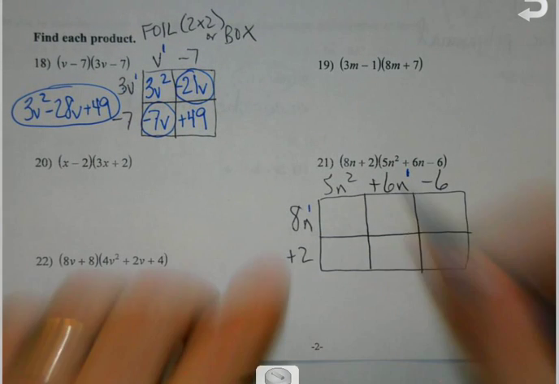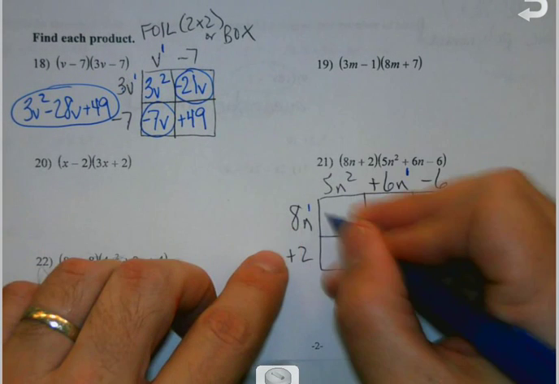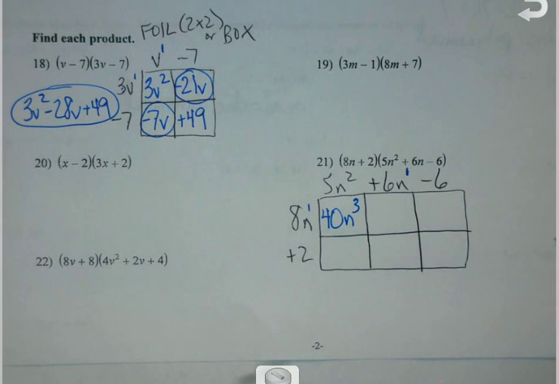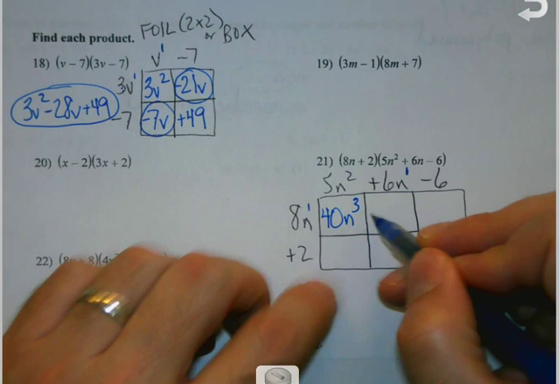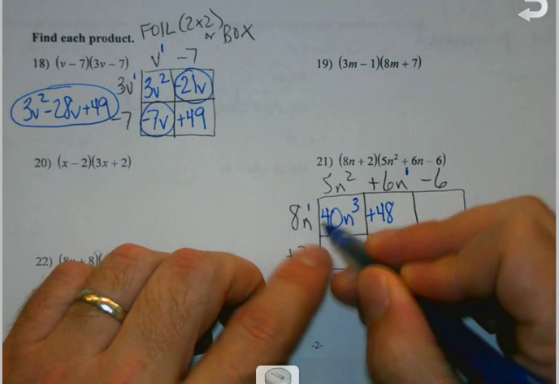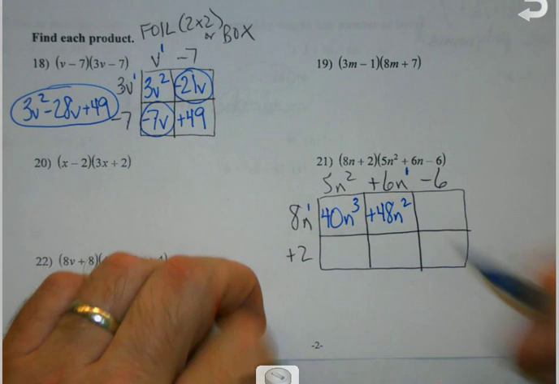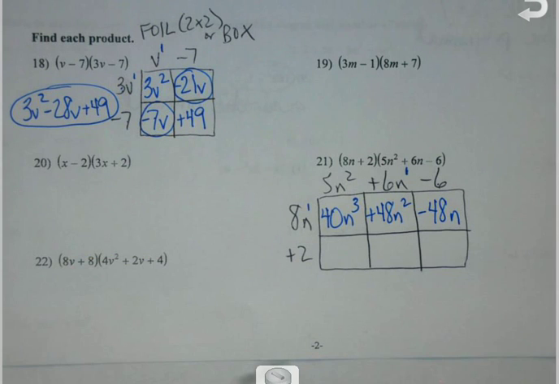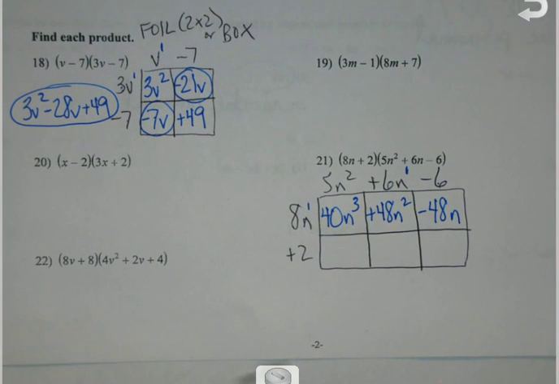And again, it's just taking what's on the edges. 8 times 5 is 40. 1 plus 2 would be 40 into the third. Plus 48. 1 and 1 is 2. Minus 48n. If you wanted to put the 1 on there, you could.